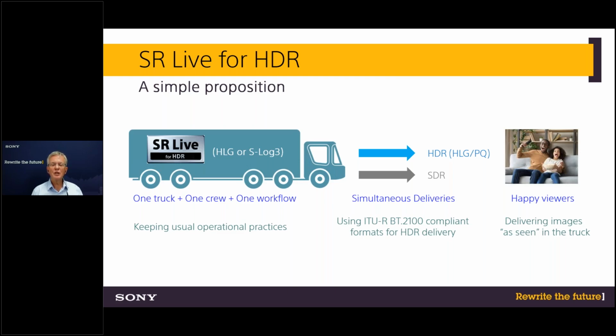That means ITU recommendation BT.2100 for high dynamic range in PQ or in HLG, and delivering images as seen in the truck to the viewers at home, and all whilst maintaining full artistic control from the production on site or in the studio to the home. So a very simple proposition.